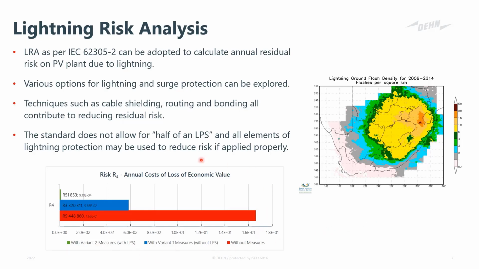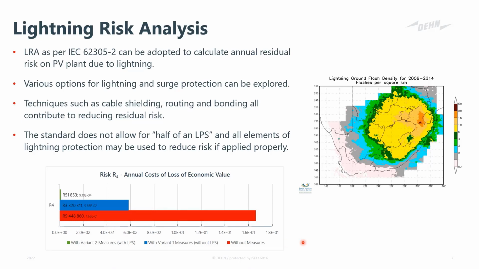What you can see in this graph at the bottom here is an example of an output that we did for a specific PV project. In this case, this is in South African rands, the currency, but it could be done for any currency. You can see that if the PV plant designer did not install any lightning protection, surge protection, earthing, no mitigation at all, the expected losses would have been around 9.5 million rand per annum due to lightning.